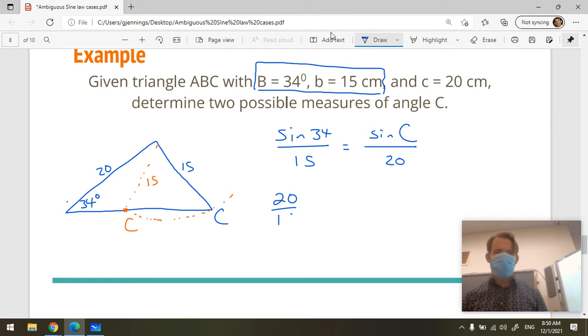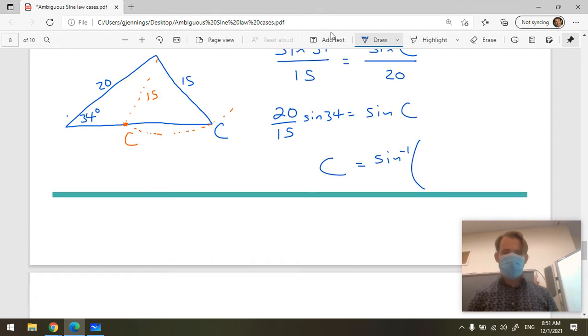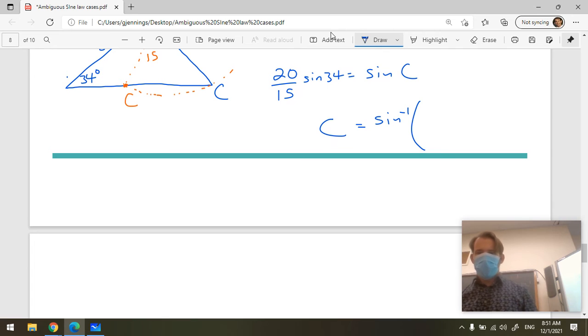I'm not going to punch 20 over 15 on my calculator, I'm going to punch 4 over 3 sine 34 is equal to sine C. So I know that C is equal to the sine inverse of, and this is all in big brackets here, 3 over 4 sine 34.